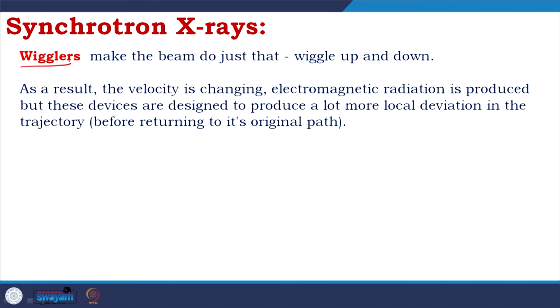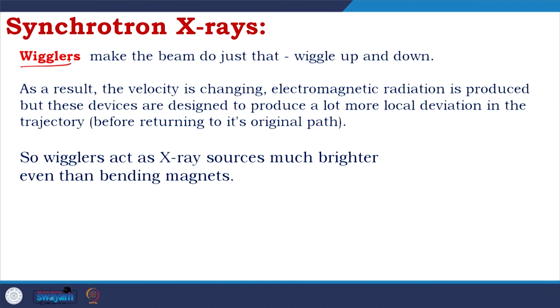Wigglers make the beam just wiggle up and down. As a result, the velocity is changing and electromagnetic radiation is produced, but these devices are designed to produce a lot more local deviation in the trajectory before returning to the original path. So, wigglers act as X-ray sources much brighter even than the bending magnets.